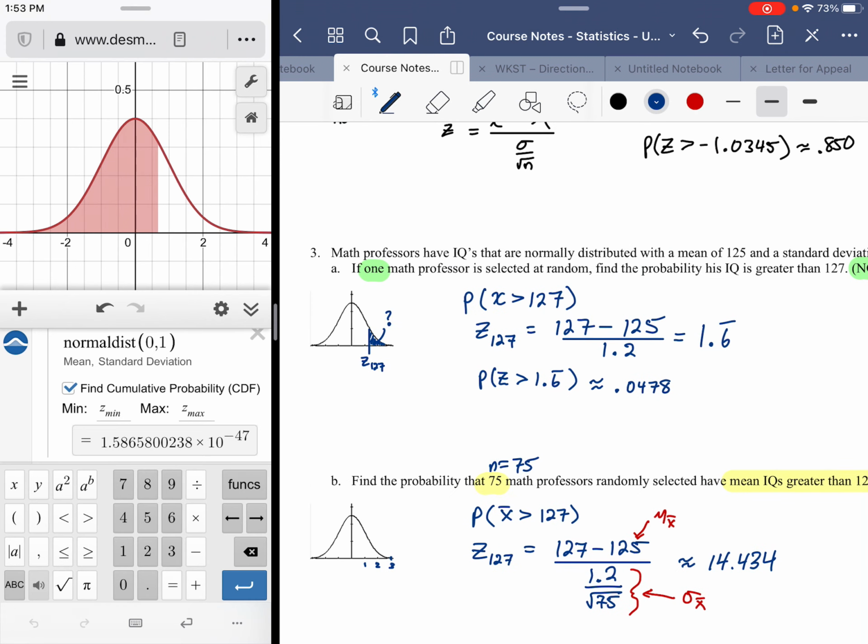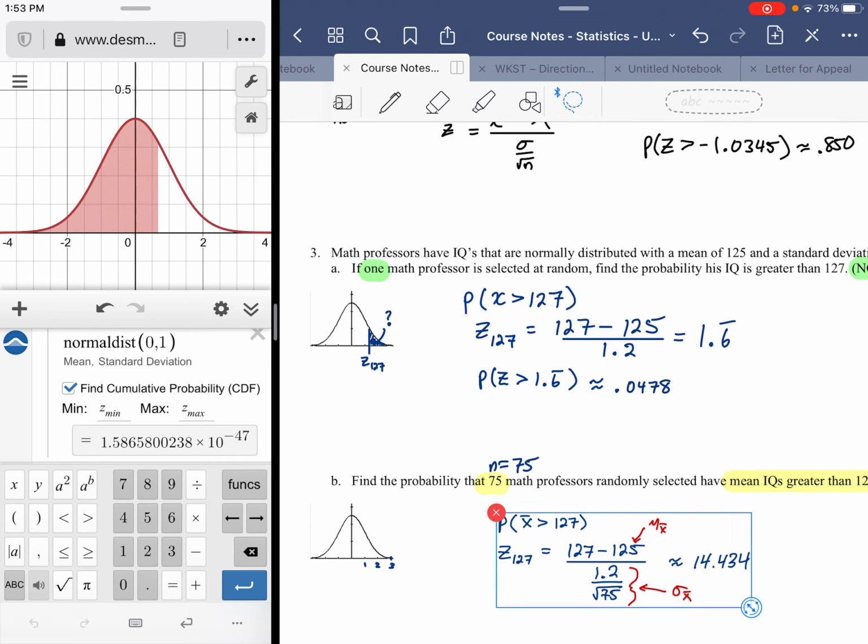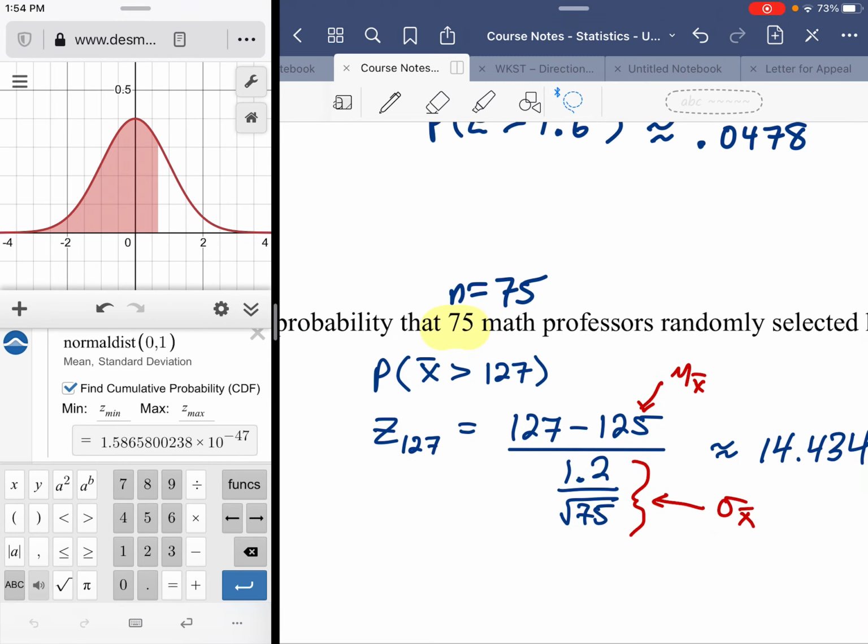But once it does, we get the probability that the z-score is greater than 14.434 approximately.